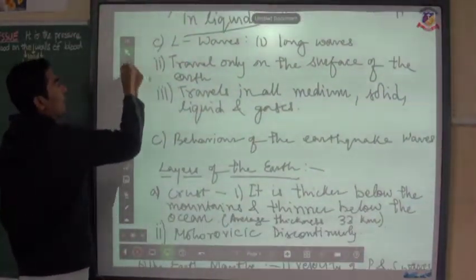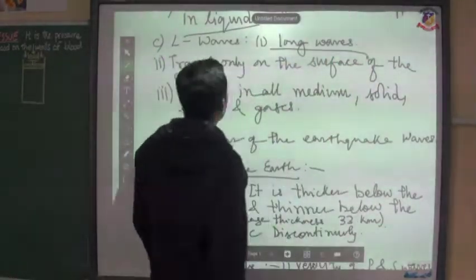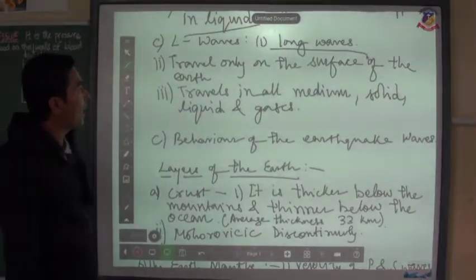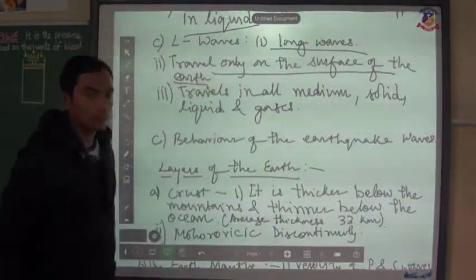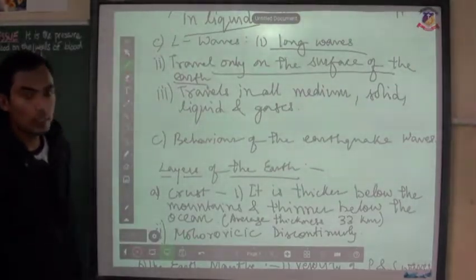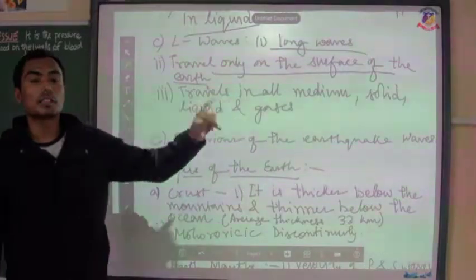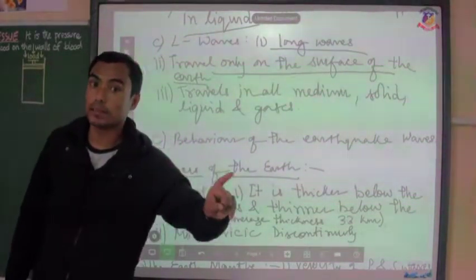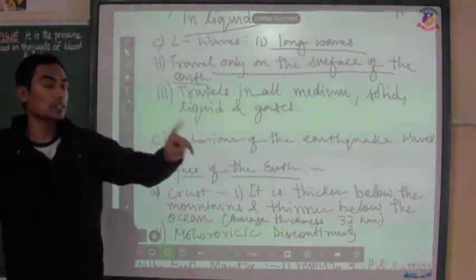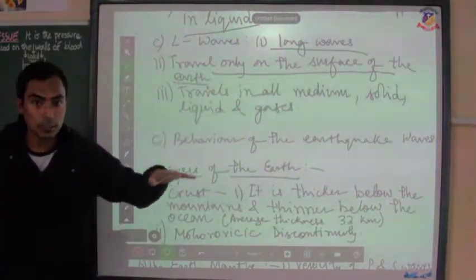Next, the L wave is also called the long wave. It travels only on the surface of the earth. This long wave causes heavy destruction of life and property, because property and any infrastructure is constructed on the earth's surface.